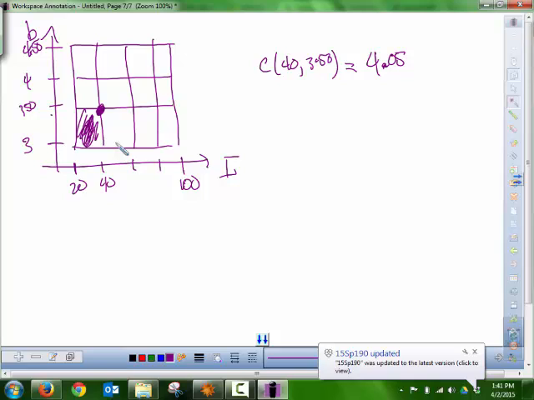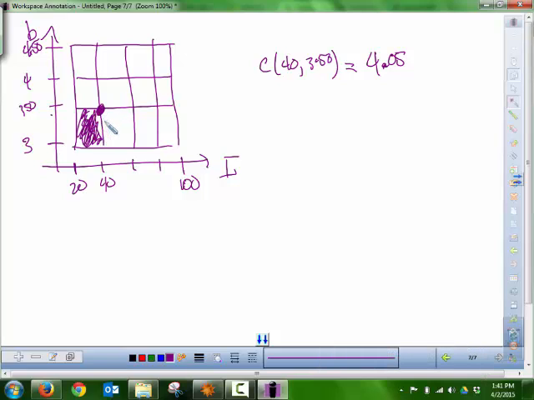Okay, so let's say for each rectangle, I'll pick the upper right-hand point. So for this rectangle, I will be picking this point. So the volume of this rectangle, let's call this R11, is going to be the base, or the length, I guess, 40 minus 20, that's 20, times the width, 50 cents, times the height.